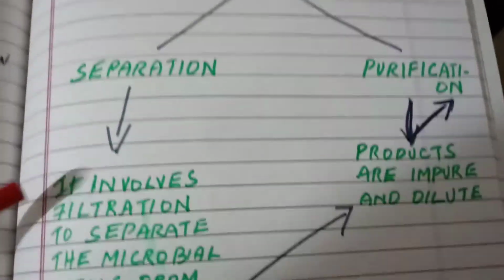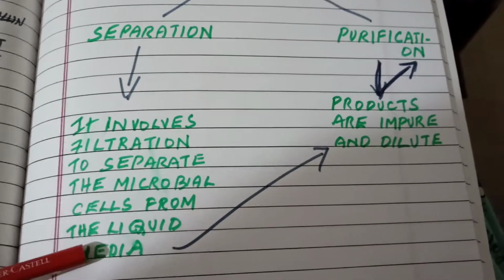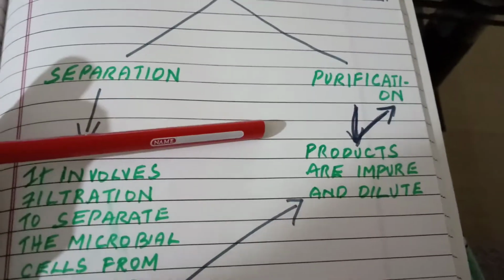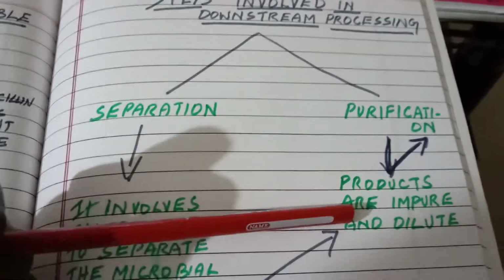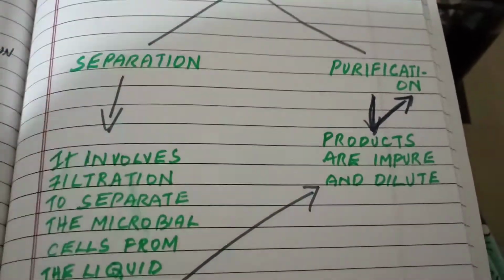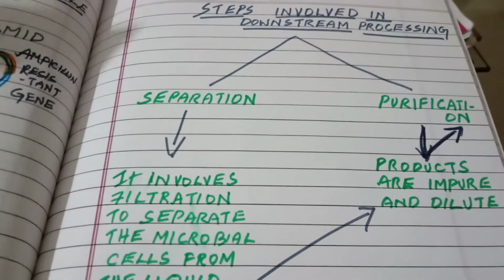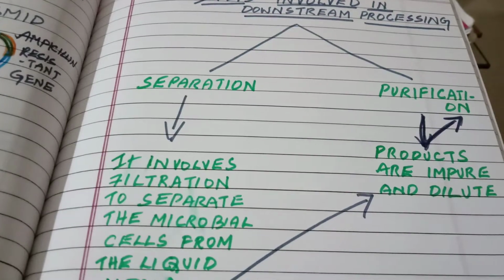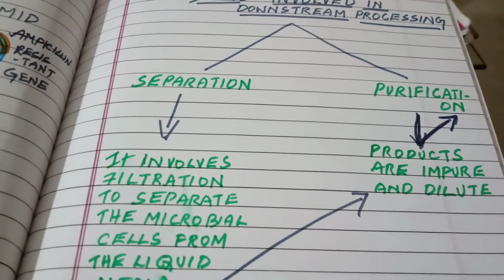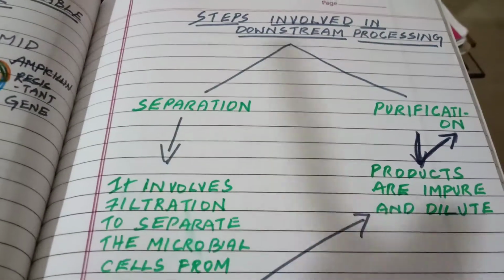Separation involves filtration to separate the microbial cells from the liquid media, followed by chemical purification. Products are impure and dilute, so they have to undergo chemical purification. After that, suitable preservatives should be added, and such a formulation has to undergo clinical trials, as in the case of drugs.